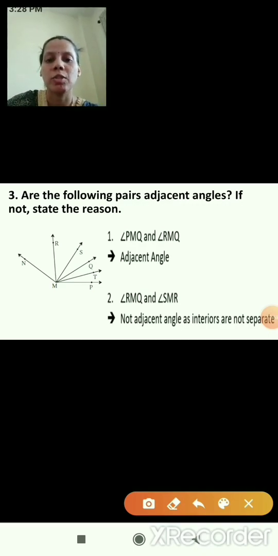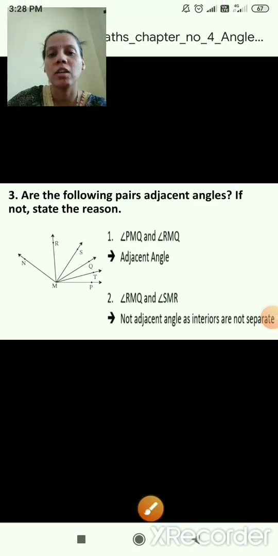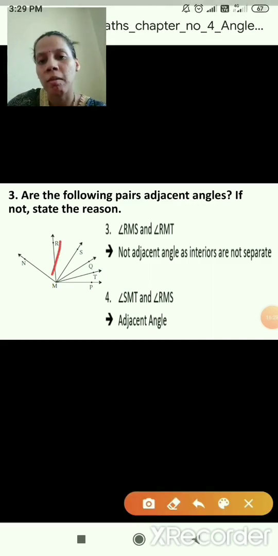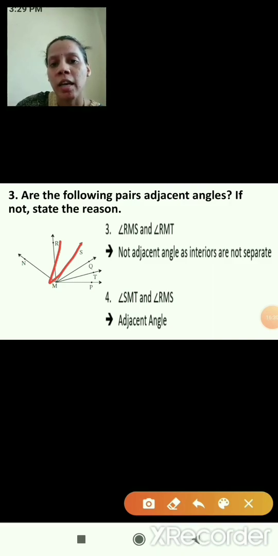I hope you are clear with the first and second. The first pair, angle PMQ and RMQ, are adjacent angles as they have a common vertex and common arm. The second pair, RMQ and SMR, are not adjacent angles as the interiors are not separate. Now the third pair is angle RMS and RMT.